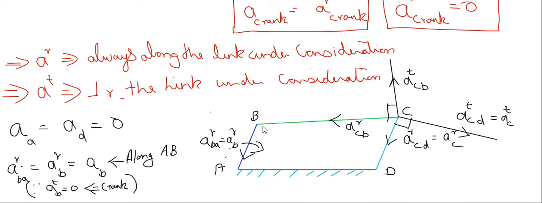BA does not have any tangential component because it is a crank. A crank has constant velocity, provided from some source, so it does not have a tangential component. It only has a radial component. So one radial component, one tangential, and so 1, 2, 3, 4, 5 components will be there.